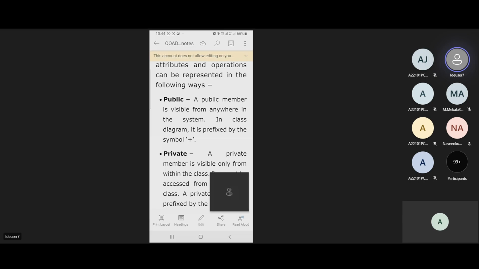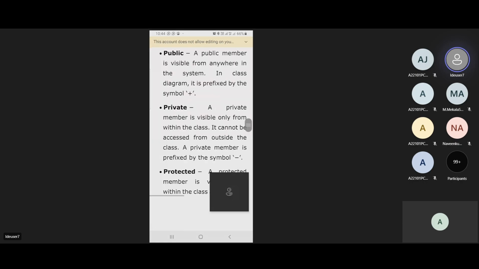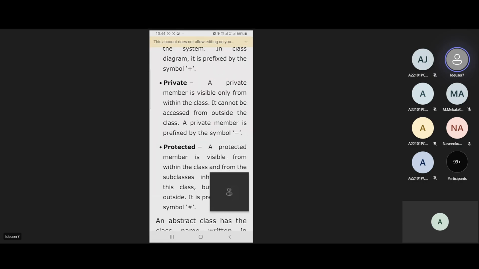Private means you cannot access them outside the class, but we can access the private members through the methods of the class. That is represented in the class diagram by a minus symbol. Any property or operation led by the minus symbol is called private. And protected is similar to private, but with one relaxation.